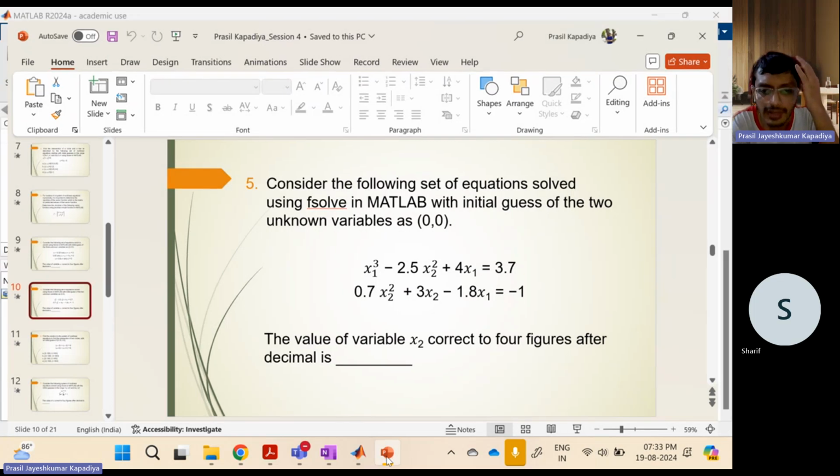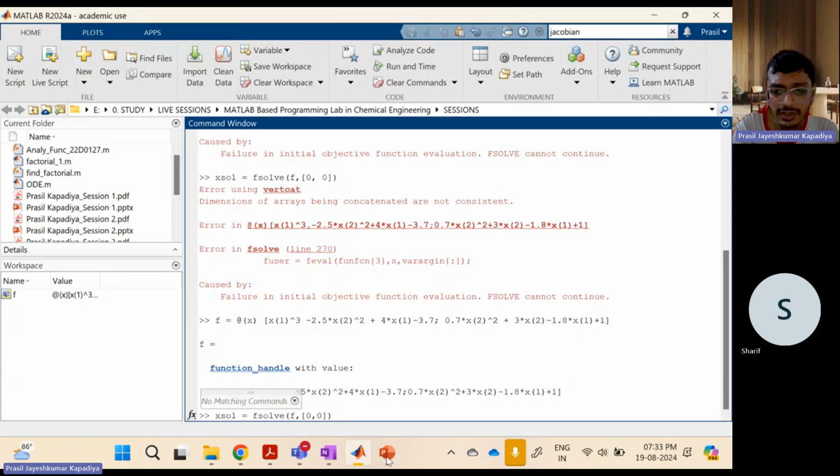Yeah, okay. The error is because we are dealing with matrix. Sorry, it won't work. As we are dealing with matrix, we need to use this dot symbol.